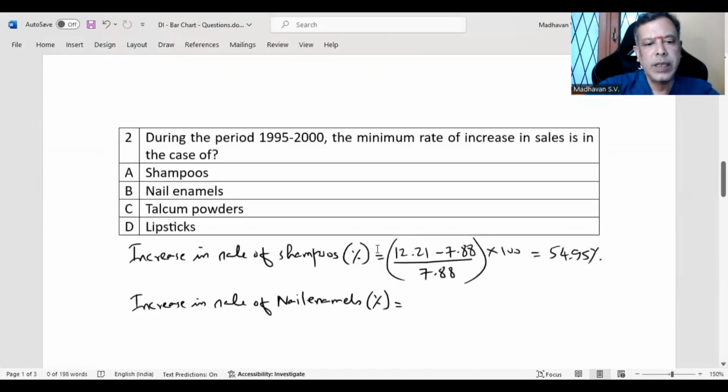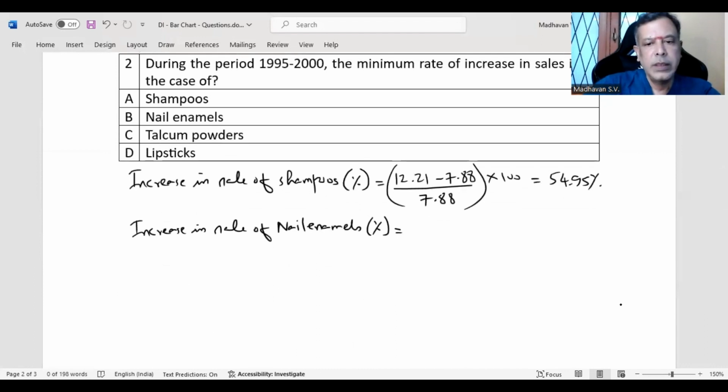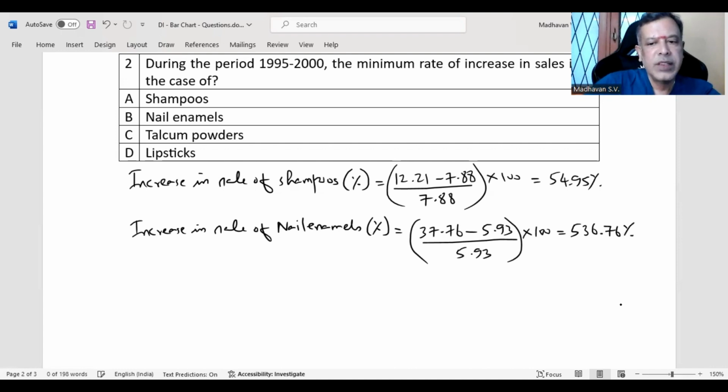So considering that 37.76, that is 2000 sale, minus 5.93 divided by 5.93 multiplied by 100. If we calculate this, we get 536.76%.